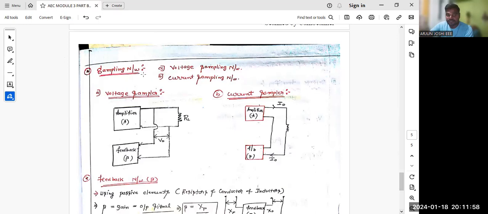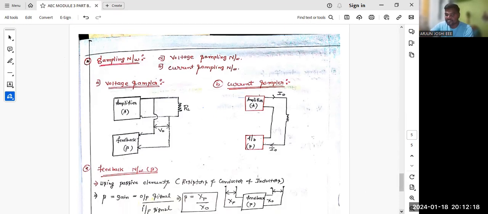Okay, next, the sampling network. If we need to sample the voltage, that is a voltage sampling network; for current, a current sampling network. The voltage sampling network is connected in parallel on the sample side, and the current sampling network in series. So this is the main difference between mixer and sampler, and you need to understand it very carefully.